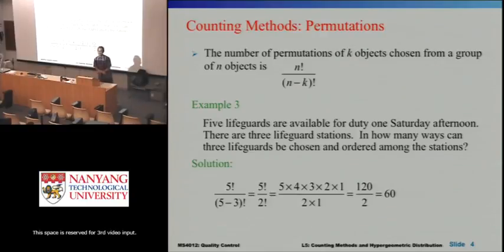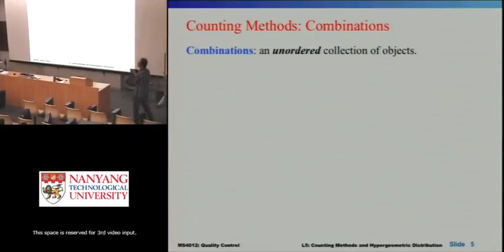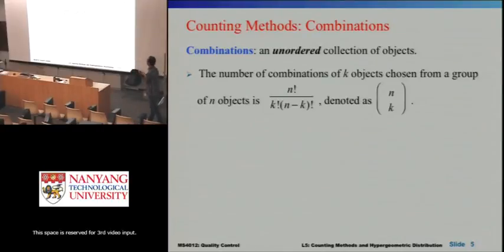Anyway, so then we look at the combination. For the combination, the difference is that in this case, the order doesn't matter. So the number of combinations of k objects chosen from a group of n objects is n factorial divided by k factorial divided by n minus k factorial, and denoted as n over k.